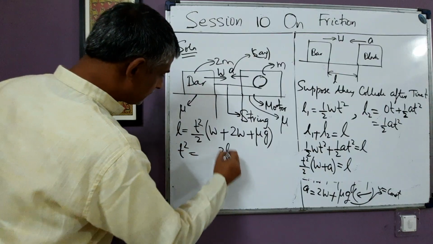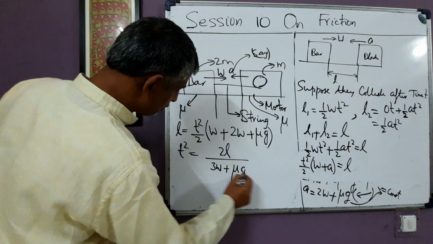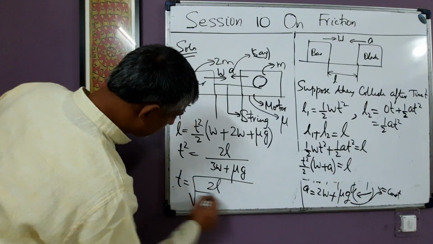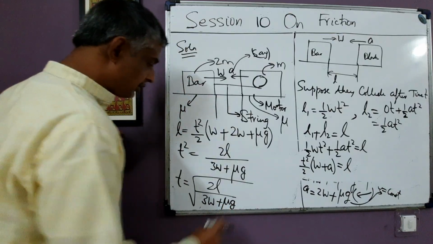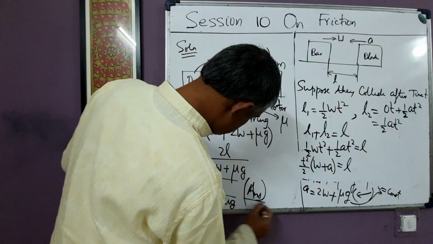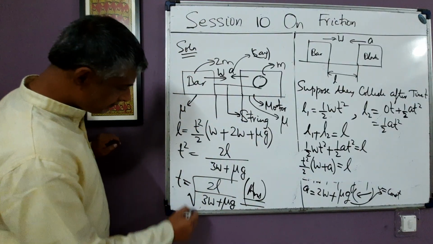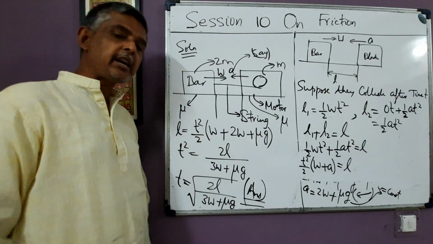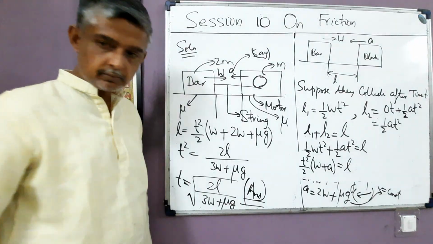So t square becomes 2L by 3w plus mu g, so t becomes root under 2L by 3w plus mu g. This is therefore the required answer. So after this much time, the two bodies will collide with each other. So this is the answer to the required question.